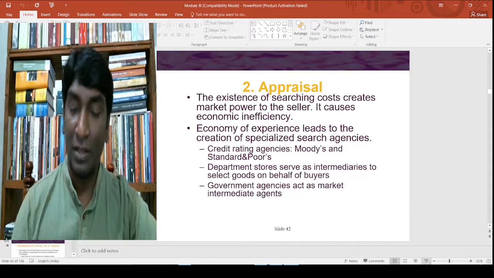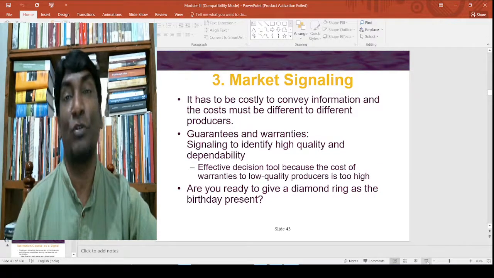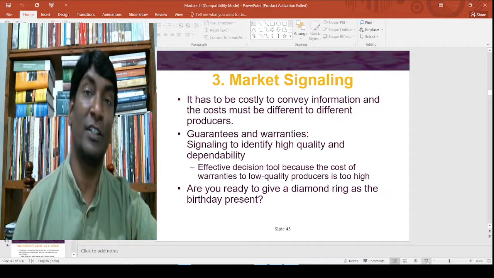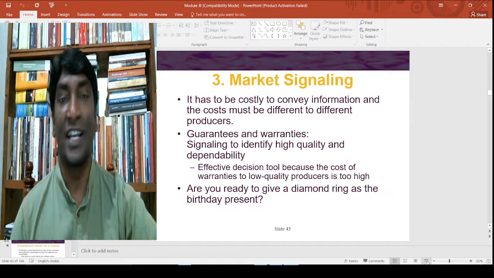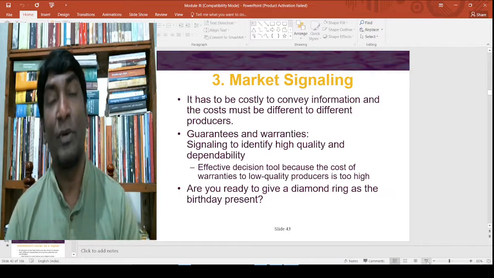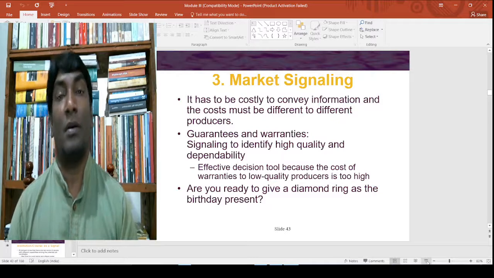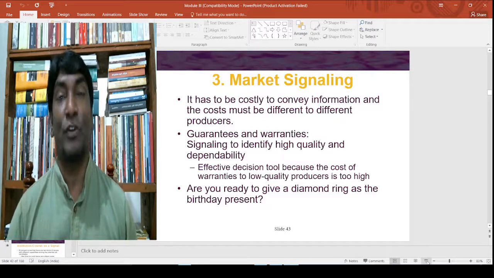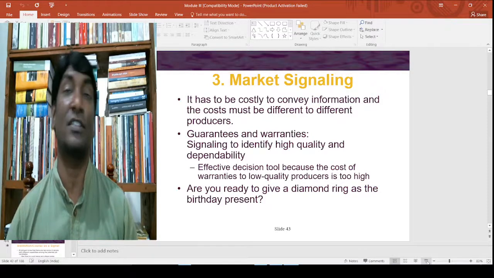But on the contrary, the seller also has techniques to come out of this problem of adverse selection, and this is called signaling. For example, I am a company which produces some commodity X. What I do is signal that it is a good commodity.